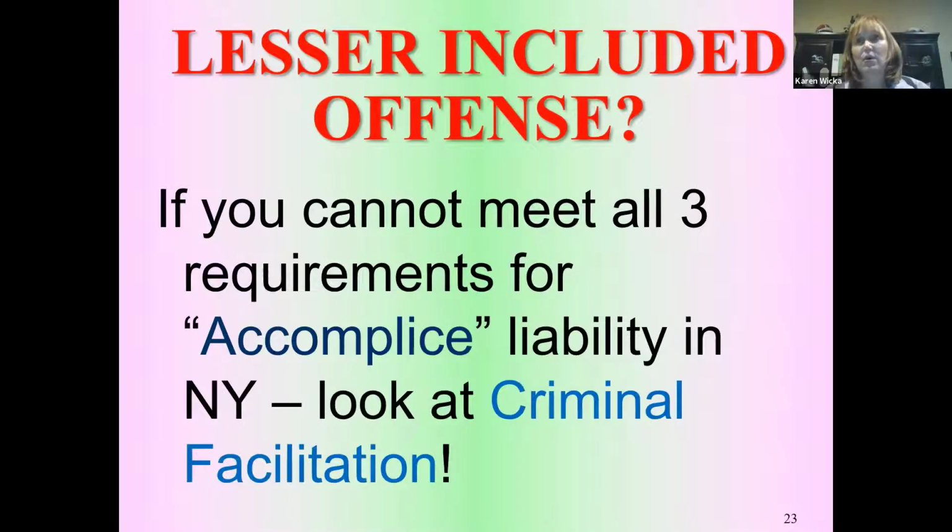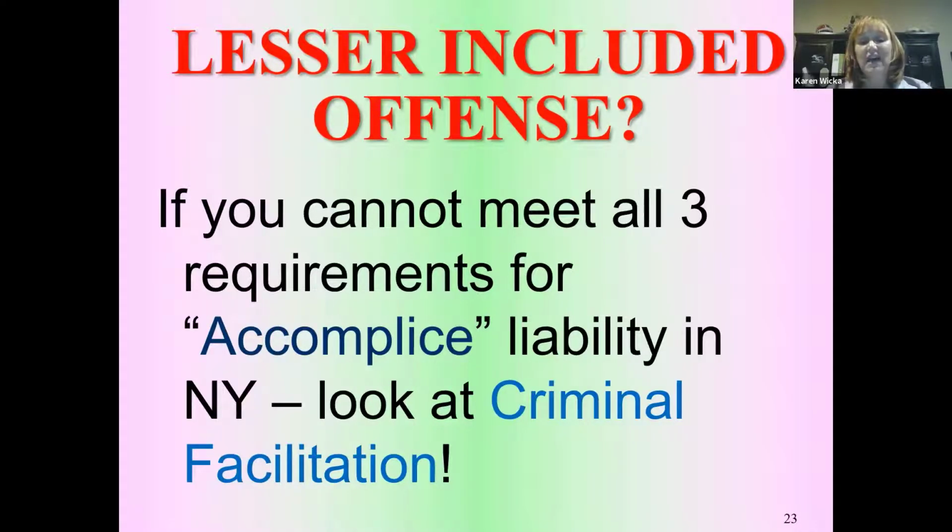Now, we've mentioned before, sometimes you can't prove all of those elements. So sometimes maybe you can't prove that second mens rea, that they intended the underlying crime to be committed. So they intended to help in some way. They just didn't intend the ultimate result that occurred. So then you can always drop down in New York to what we call criminal facilitation.